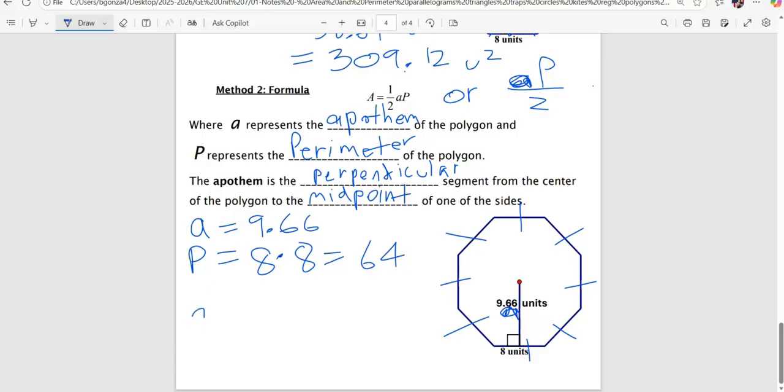So our formula, A times P divided by 2, is going to be 9.66 times 64 divided by 2.